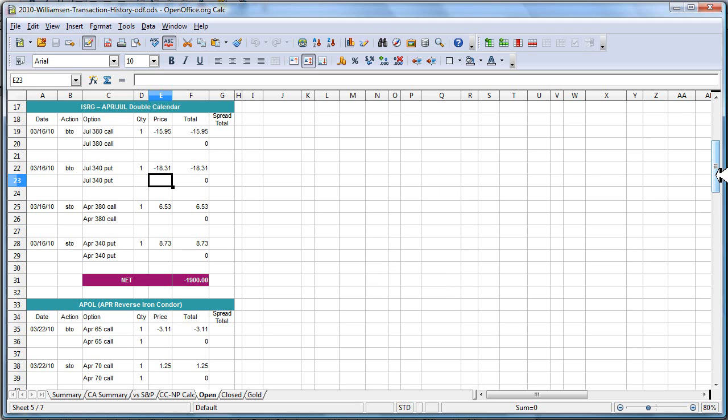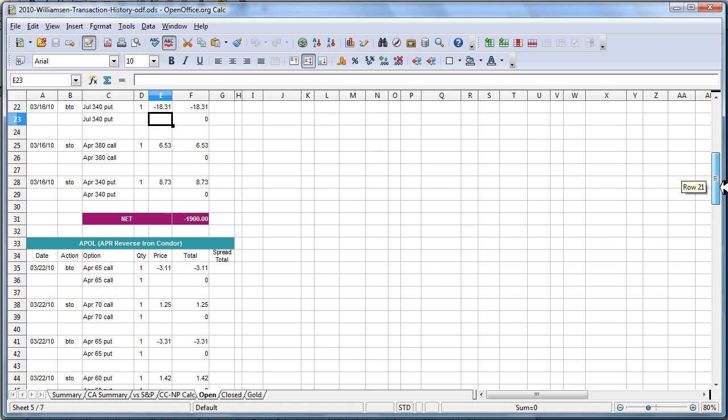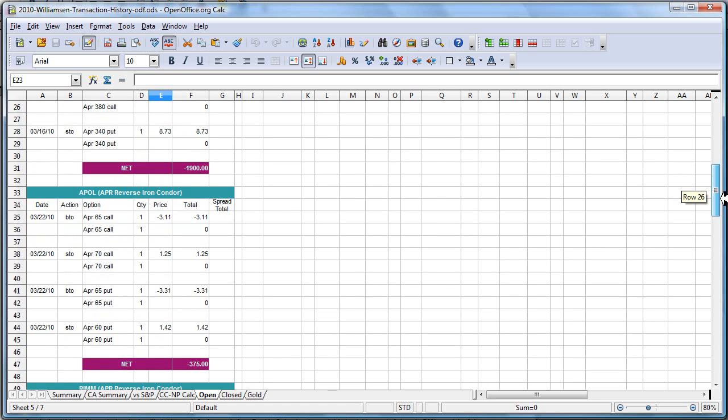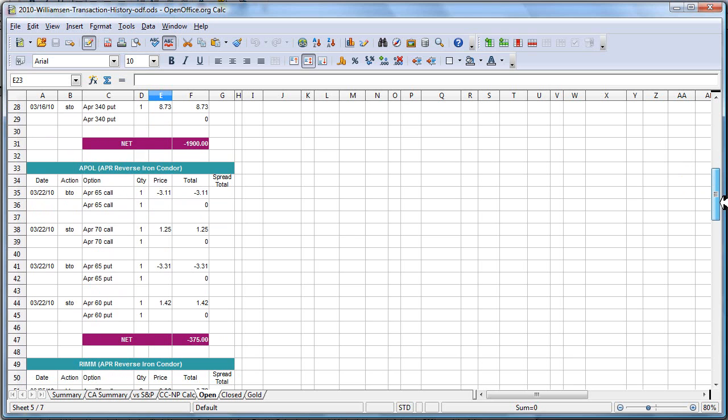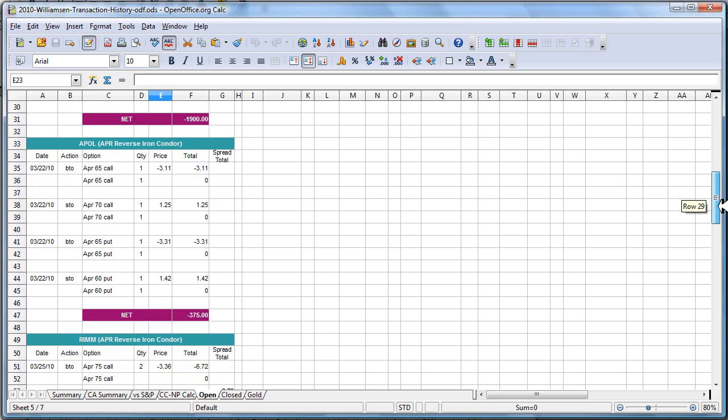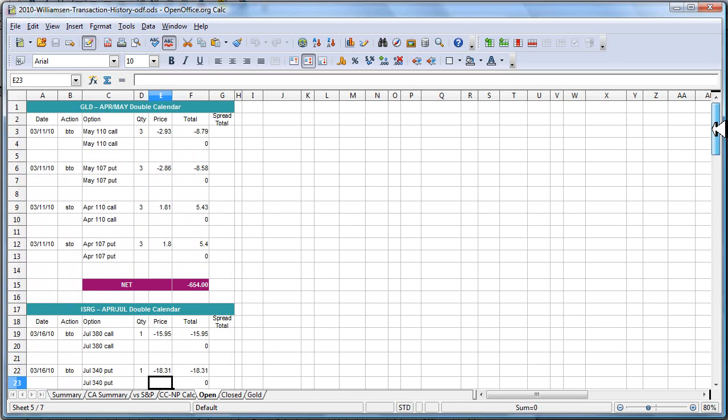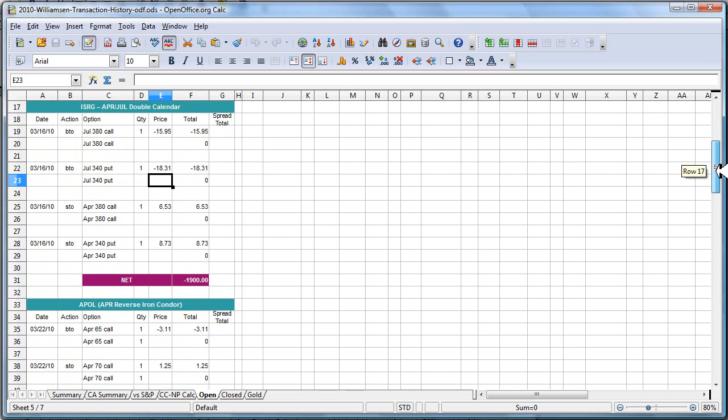I don't usually do this for bull puts or bear calls or anything like that, but I do it for my calendars and my double calendars and my iron condors, just so that I can keep track of what's going on where. And you can see, gold is closed. I need to fix that. But anyway, you didn't see that.